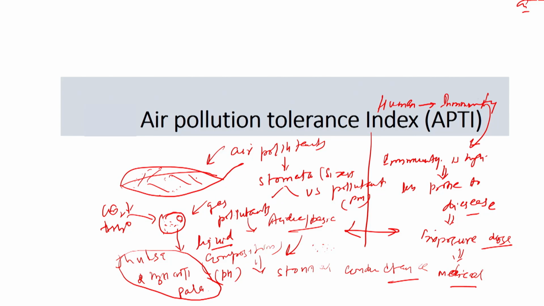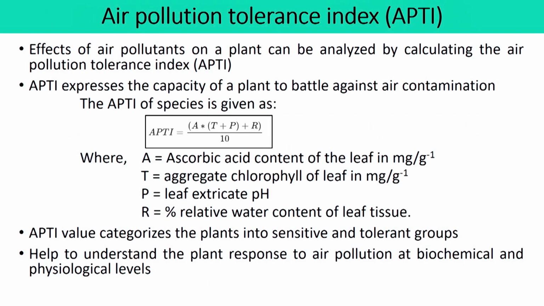In this one, the plant is measured by the air pollution tolerance index. The effect of air pollutants on plants can be analyzed by calculating the air pollution tolerance index, APTI. It expresses the capacity of a plant to battle against contamination or air pollutants.